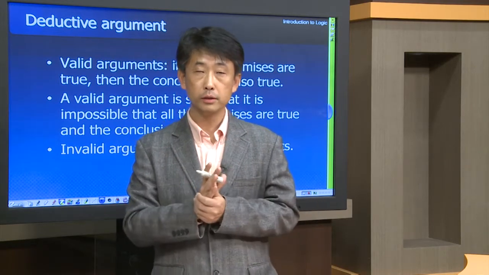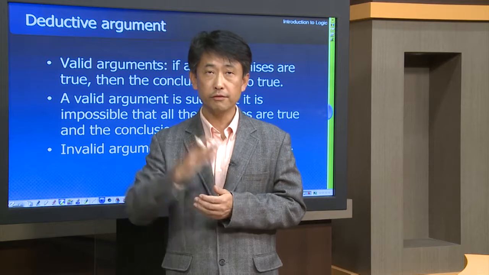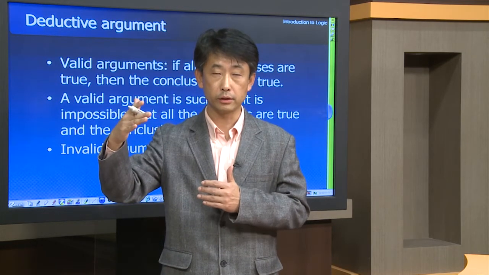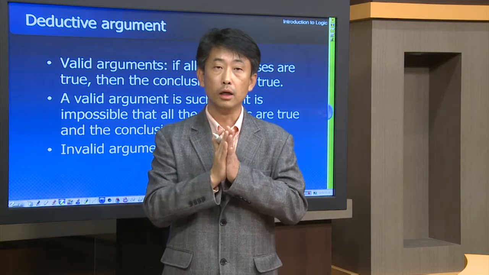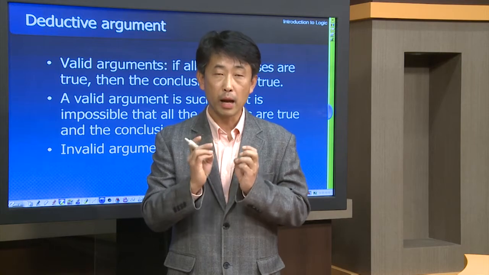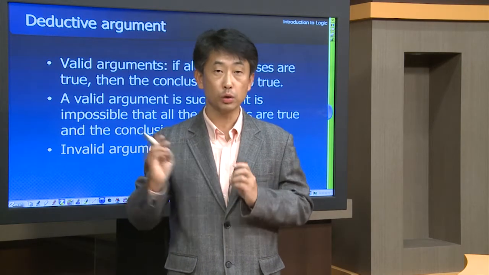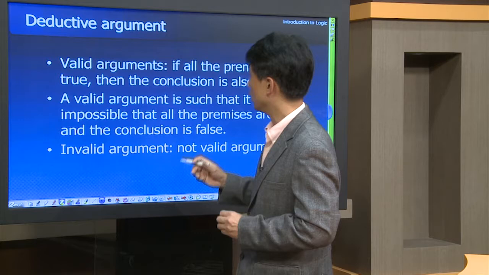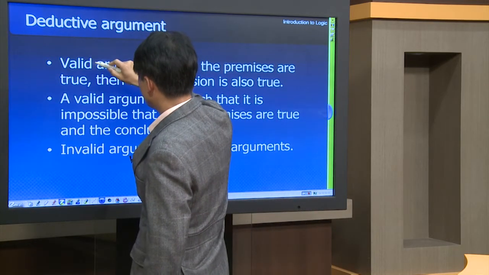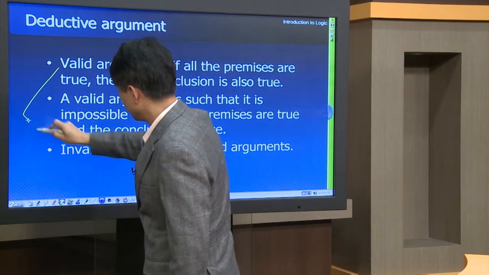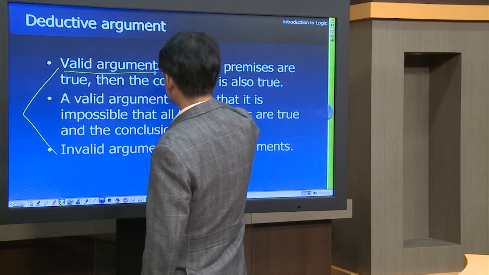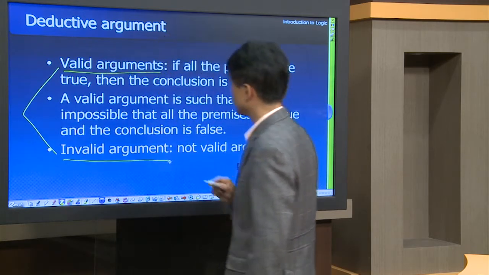When your intention is that, then you are presenting a deductive argument. A deductive argument comes with a very high standard. A deductive argument is good when, if the premises are true, then the conclusion is actually true. Okay? So we say a deductive argument divides into valid and invalid arguments.